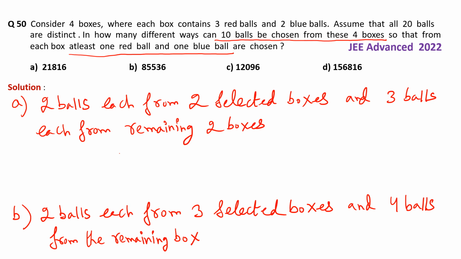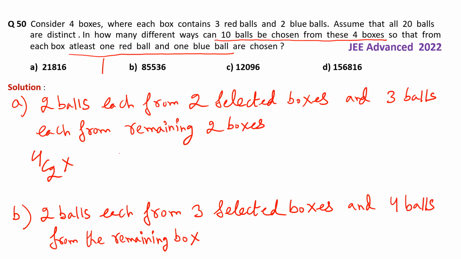Now students, if I discuss the first case, then we have to select 2 boxes out of the 4 boxes. This can be done in 4C2 ways. Now from each of these 2 selected boxes, we have to draw 2 balls.